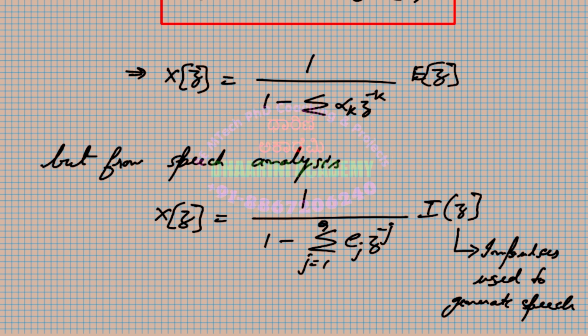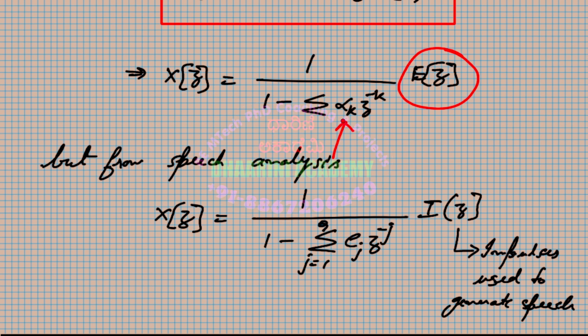Does it make sense? If I want to get my x of z from e of z, the unknown terms are only these alpha k values, right? K varies from 1 to p, right? I should find out all the alpha values, so that is k is equal to 1 to p.